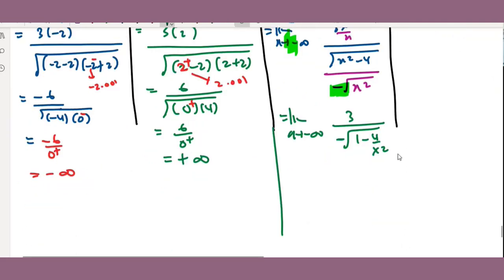Substituting, 3 over negative 1 minus 0, so negative 3.